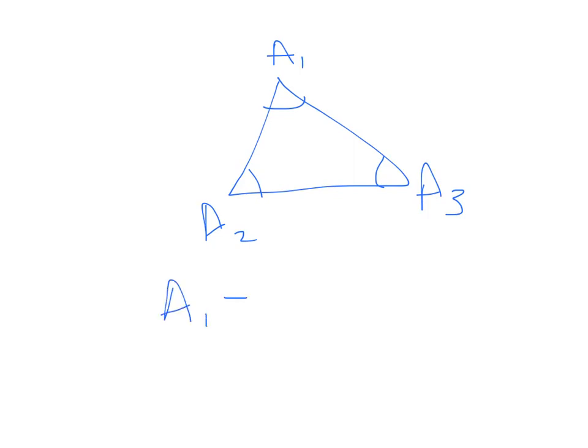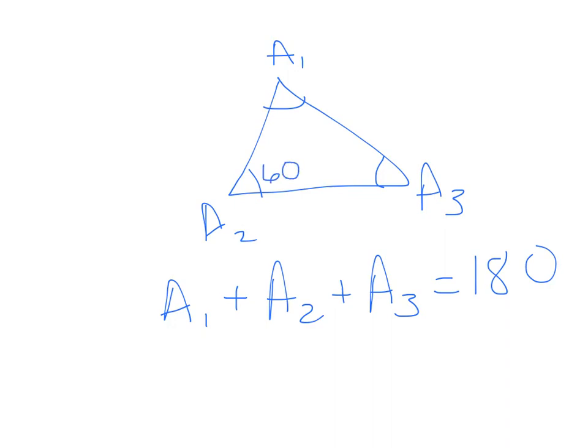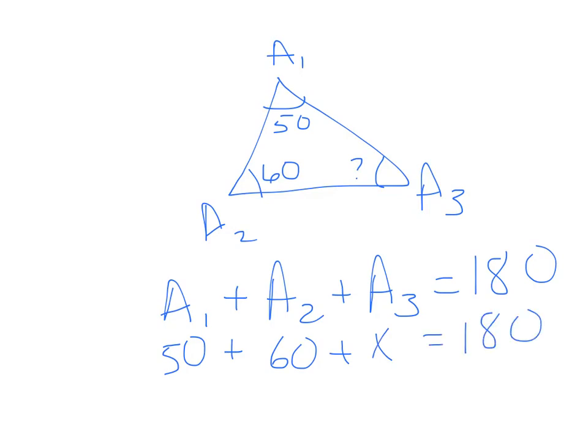So you are just going to take whatever numbers they give you, and then put an X in for the missing one and figure out what X is. So you will subtract 50, then you'll also subtract 60, and that'll give you the third angle.